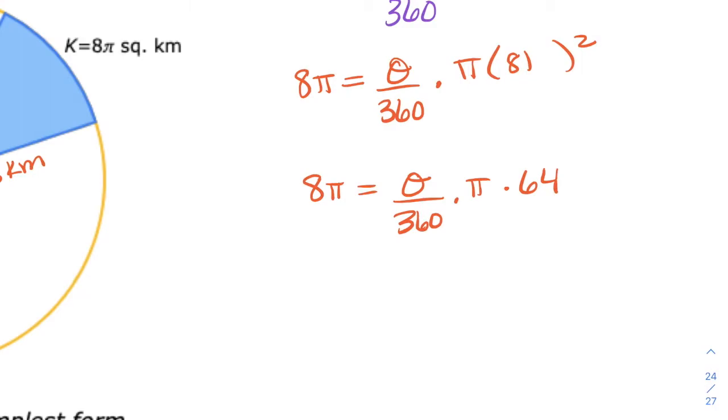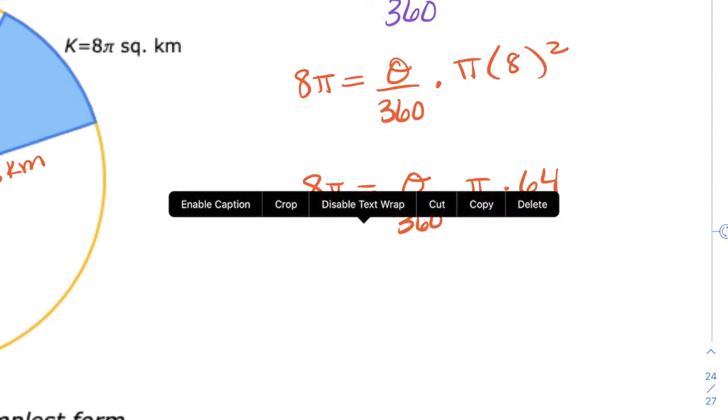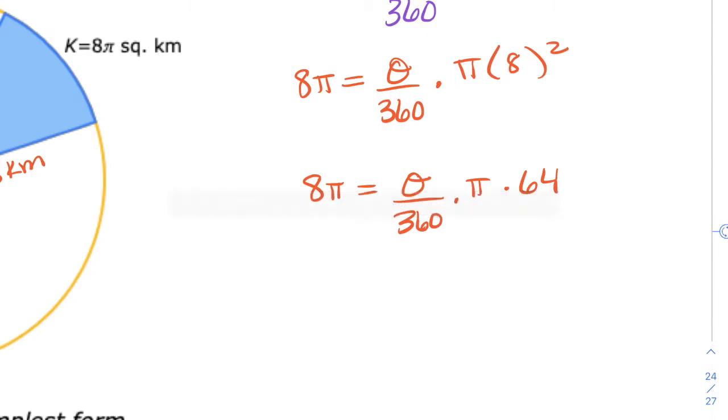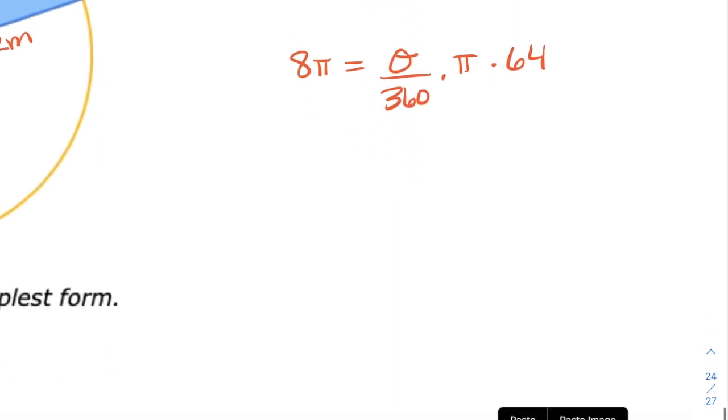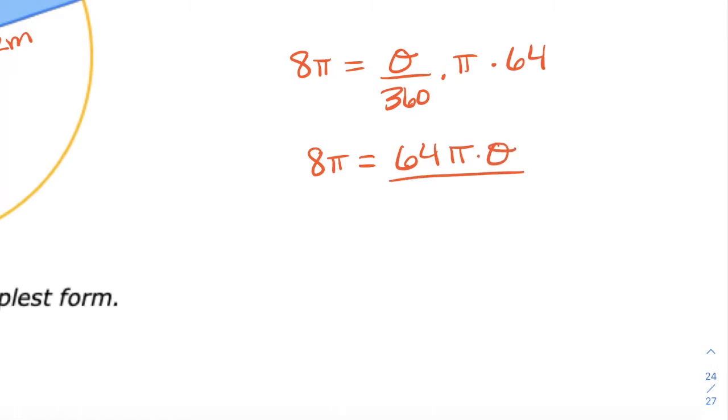Again, I can leave the kilometers out. I'm sorry, I keep putting in the units. We really should be using the units, but I'm going to try to keep it simple in terms of how much writing is here. So now I have 8 pi equals 64 pi theta over 360.